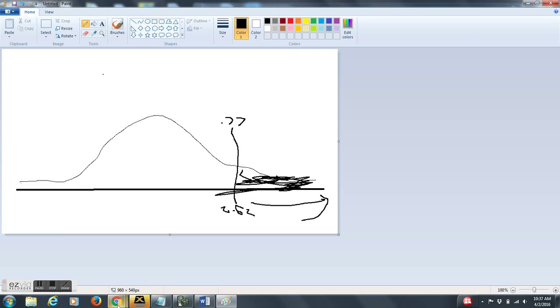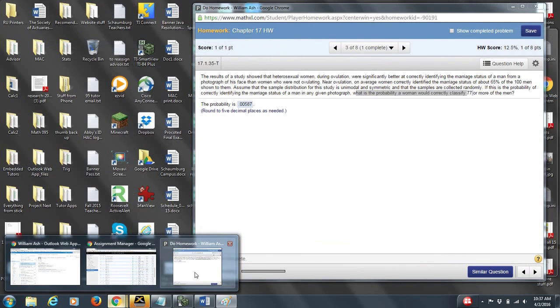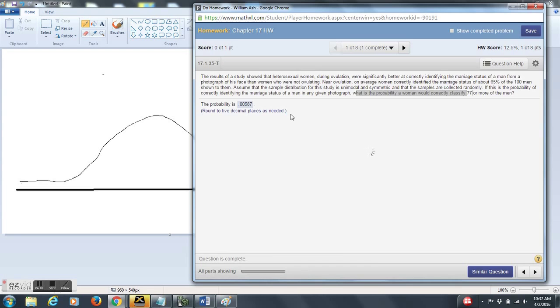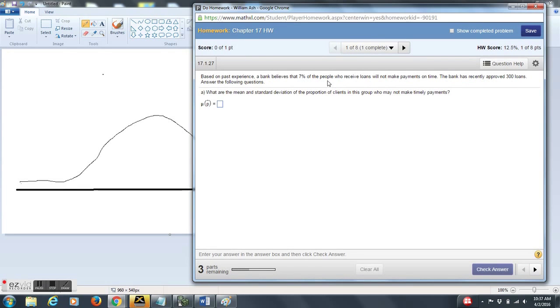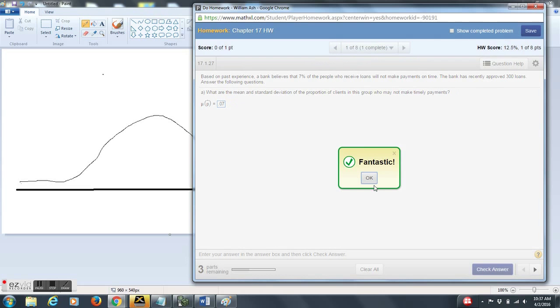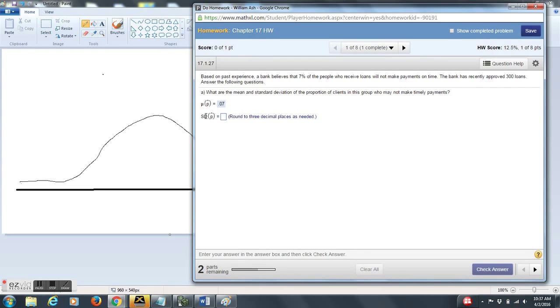If I look at some of the other problems now, here they're just giving you all this stuff. There's your P, your population proportion, 7% of all people. So your P hat is just P, so 0.07. To get the standard deviation, which I called sigma, it's the same thing, you just use that same formula.